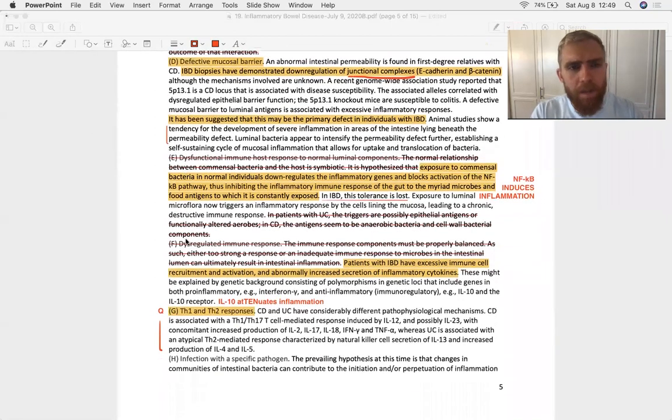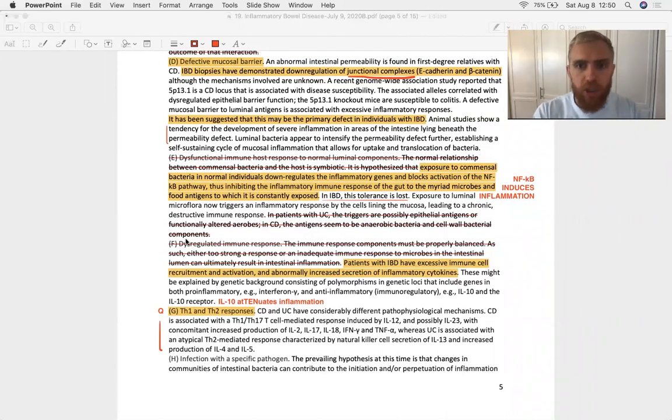Back again to what we mentioned earlier, IBD biopsies have demonstrated downregulation of E-cadherin and beta-catenin. And so that's also what predisposes IBD patients to developing colorectal cancers at higher rates than the general population, especially in ulcerative colitis, because that E-cadherin beta-catenin pathway is regulated by APC.